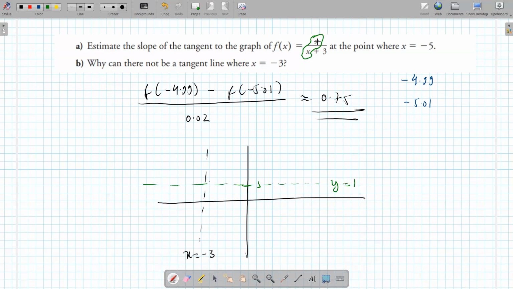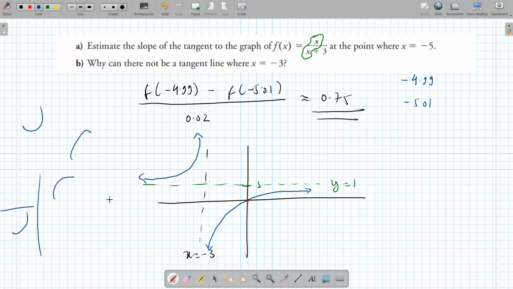When x is 0, 0 over 3, y is 0, so we have a point down here, which means this rational function is going to look like this. It always looks like this, or it could be the other way, like that. It's always going to be on the opposite side.